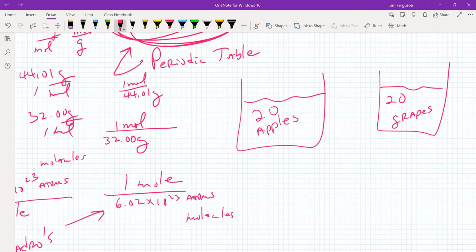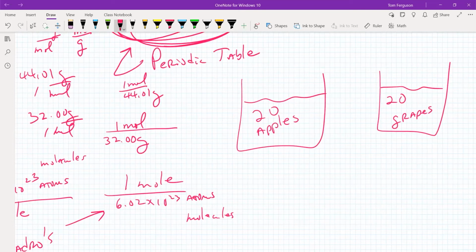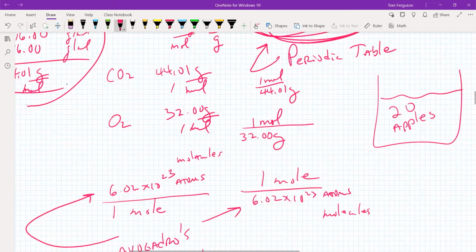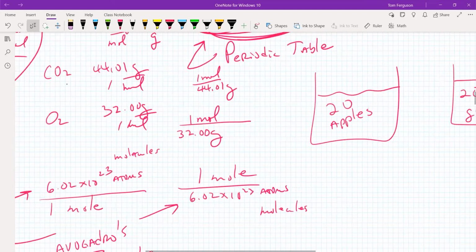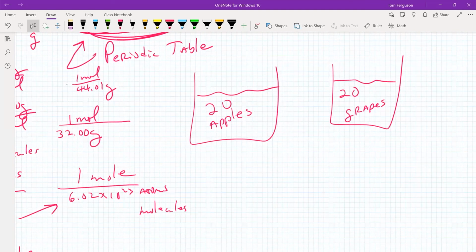Well, because apples are bigger. They usually weigh more. Exactly. That's why when we talk about a mole of a chemical, it weighs something different, because each chemical is not the same as another chemical. Just like apples are not the same as grapes. So 20 apples does not equal 20 grapes as far as weighing them.